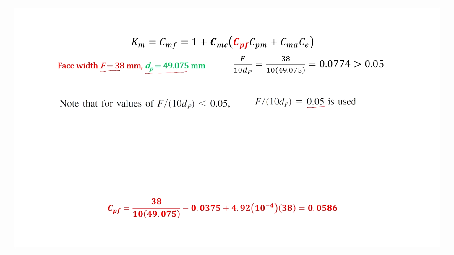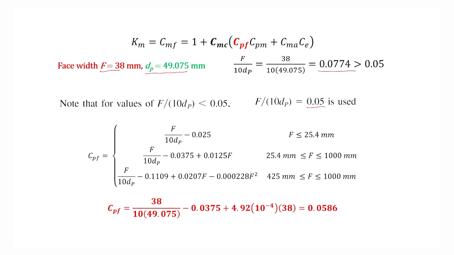But in our case, substituting the value of face width and pitch circle diameter, we got 0.0774, and thus it is more than 0.05, and so based on the face width, we will use this formula. Our face width is 38, which is within this range, and therefore we will use this formula to get the value of CPF, which is equal to this one.